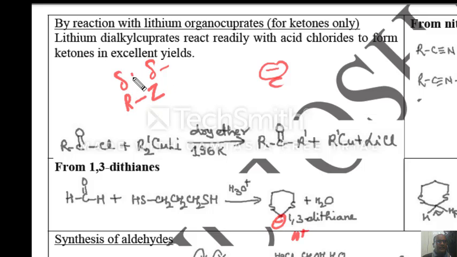So automatically it is something like this, but we are looking for an opportunity to make it like this, and then we can allow it to get closer to the R plus, and we then have an R-R formation. So that is how the number of carbon atoms increases, right? So that is the advantage of the 1,3-dithiane.